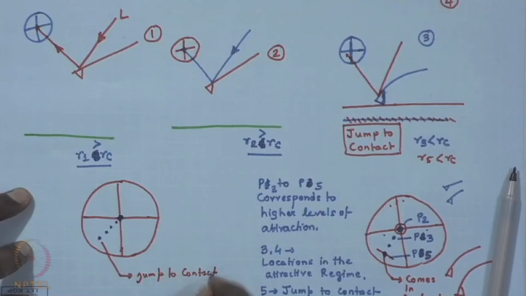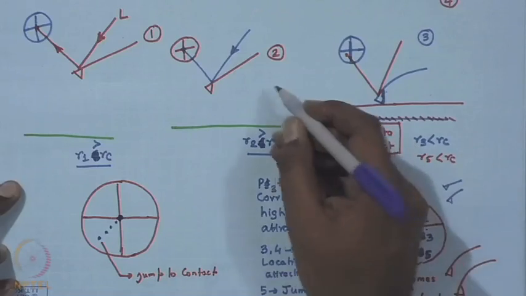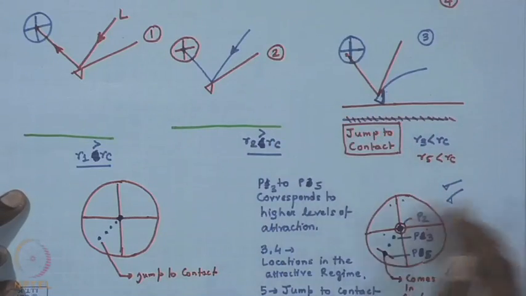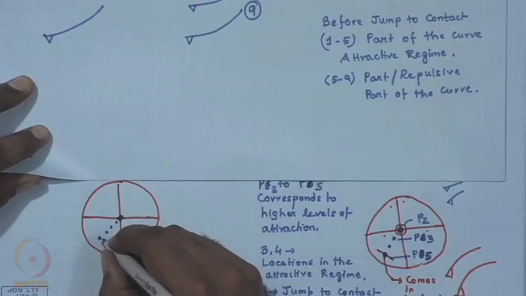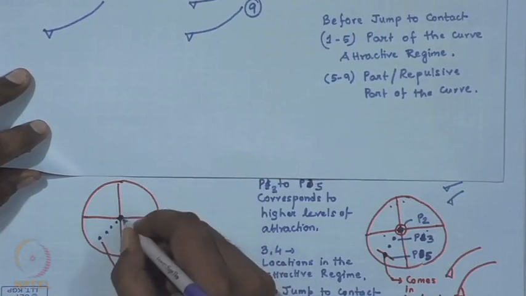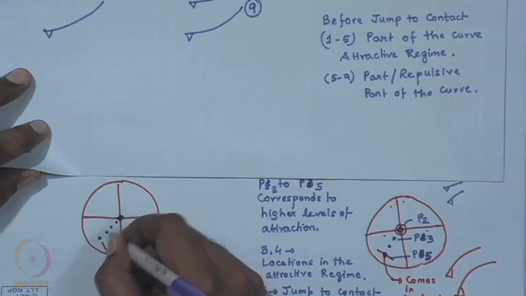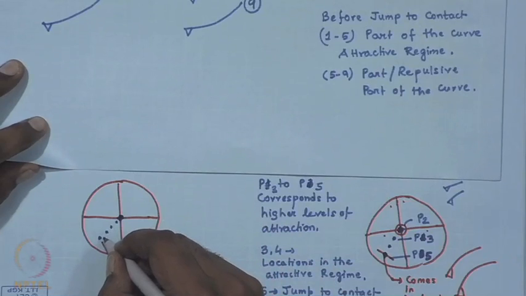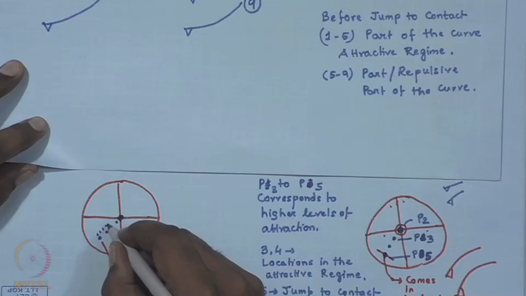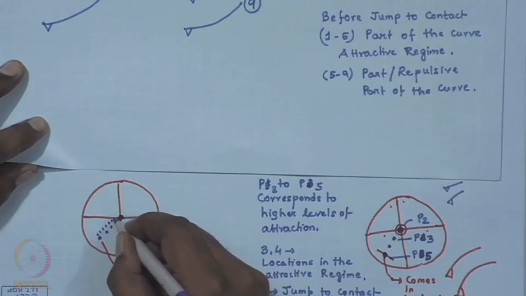Now, beyond jump to contact, if the approach process is still on, the attraction or the deflection progressively starts reducing. As the deflection was increasing in the attractive direction, it shifted in this direction. Now, as the deflection reduces, the laser spot goes back along this particular way.